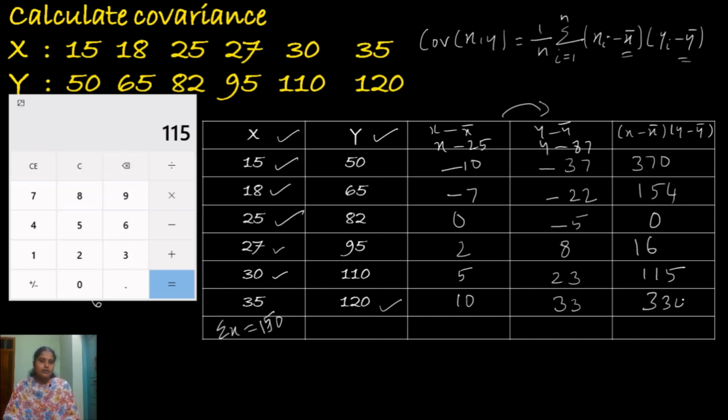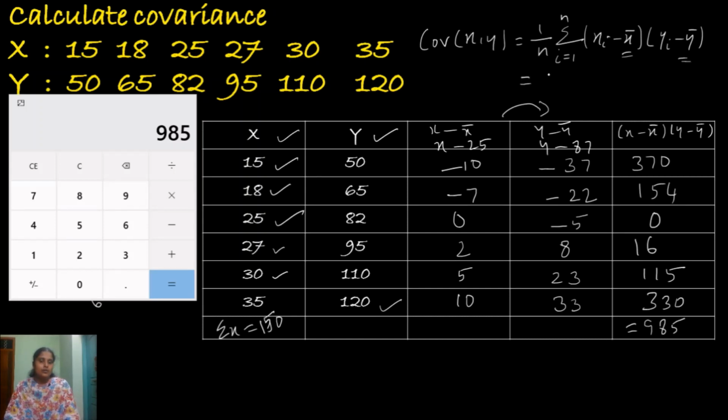And 33 is multiplied with 10, we get 330. If you add all values, 370 plus 154 plus 16 plus 115 plus 330, we get the total as 985.